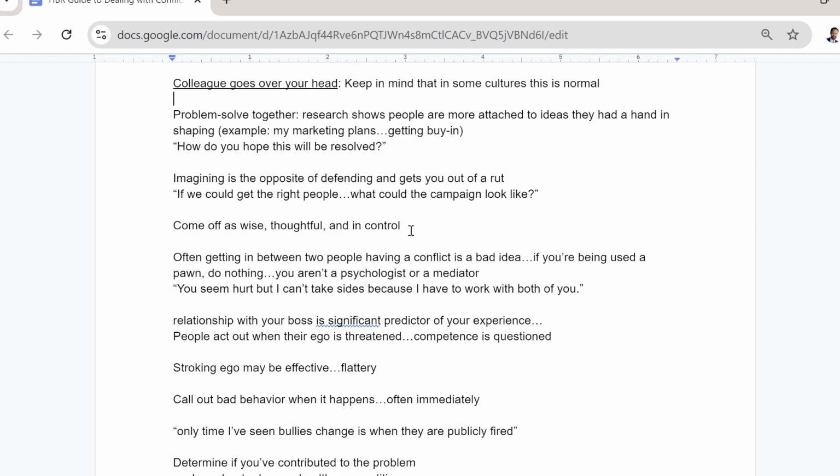Another key thing is to problem solve together. Research shows people are more attached to ideas that they had a hand in shaping. So for example, one thing I did when I would come up with big marketing plans is I had to get buy-in from a bunch of different people, from product managers, from specialists in the marketing team, from video production.